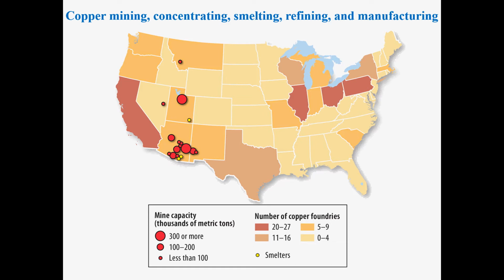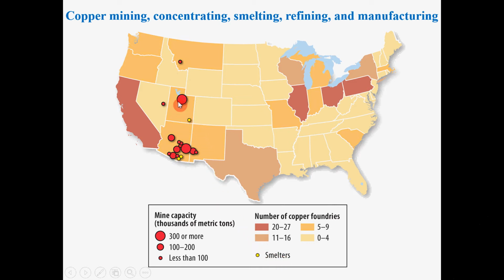As a result, on this map, we can really see the smelting processing facility locations. They tend to be close to the site of mining production. On this map, the mine capacities are represented by a red circle, and smelting facilities are represented by a yellow circle.